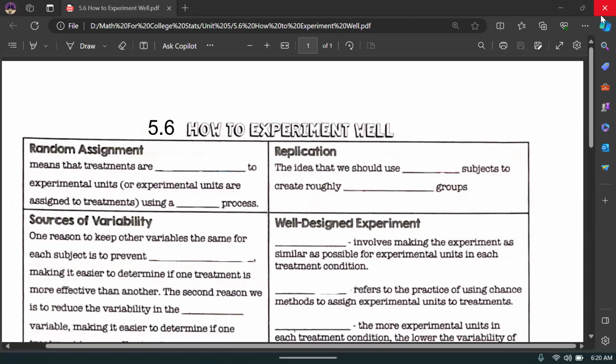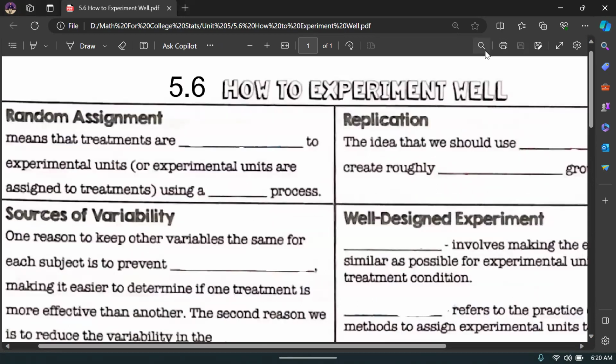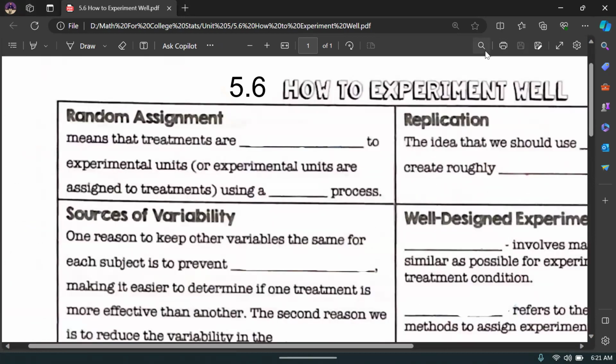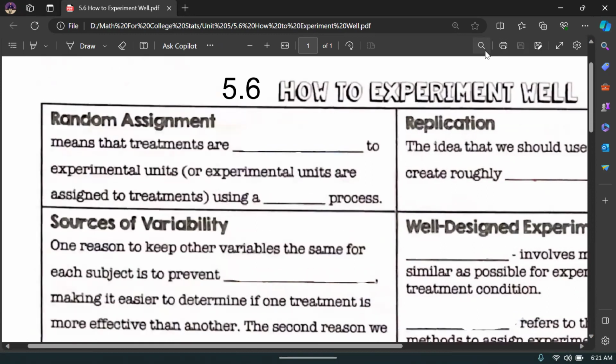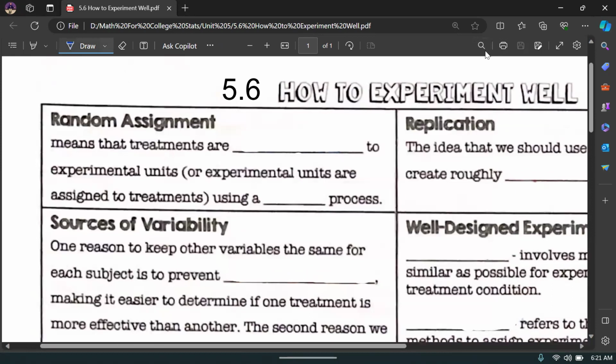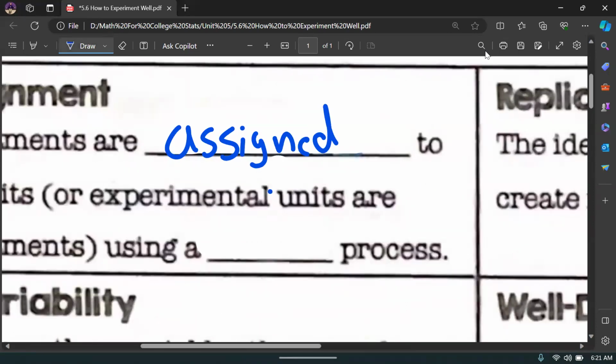First thing we're going to talk about is random assignment. Of course, this should sound familiar. We've talked about randomization before. Random assignment means that treatments are assigned to experimental units, or experimental units are assigned to treatments, using a chance process.